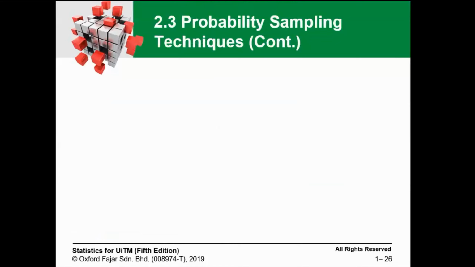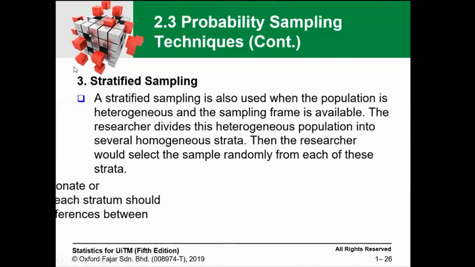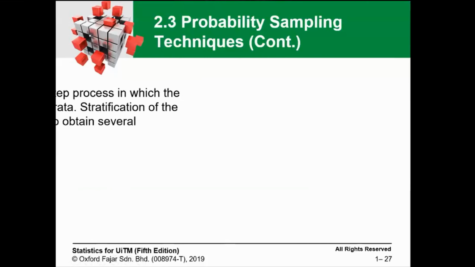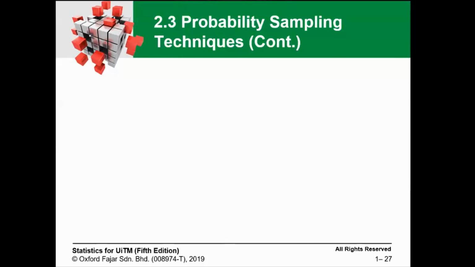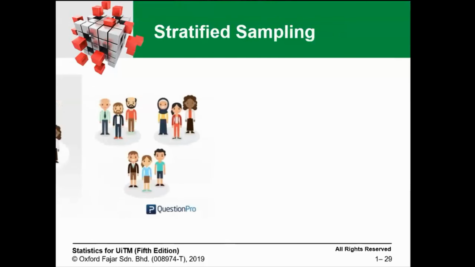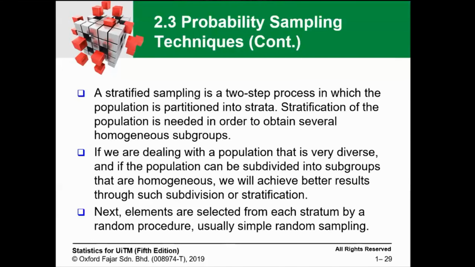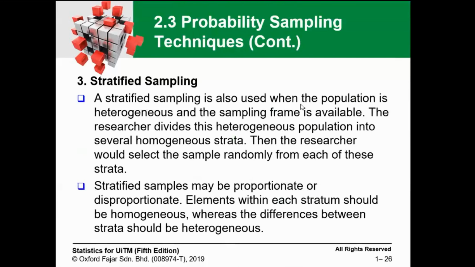A sample size of 10 is to be selected from a list containing the names of 800 people in a certain housing area. So we are doing our research in a housing area, and we have 800 people living in that area.